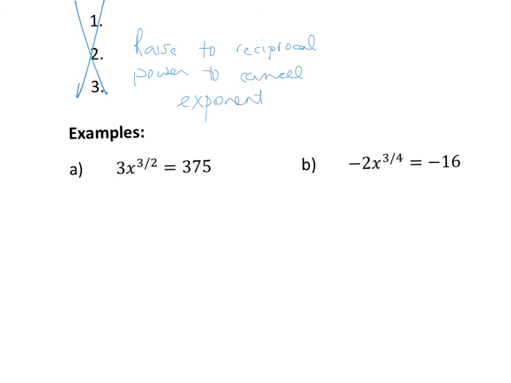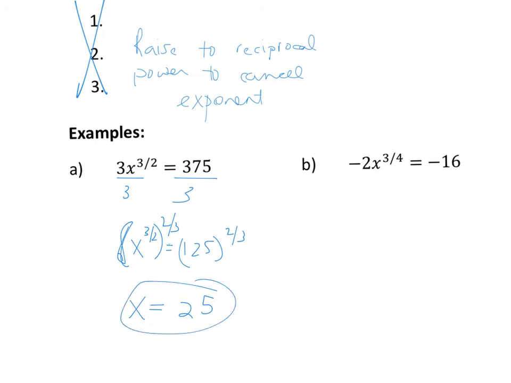We're still doing PEMDAS backwards. So we have multiplication, we have an exponent. That multiplication is going to get undone first. X to the 3/2 equals 125. So we are going to raise both sides to the reciprocal power of 2/3. You can type in your calculator 125 caret 2 divided by 3, and the answer is 25.